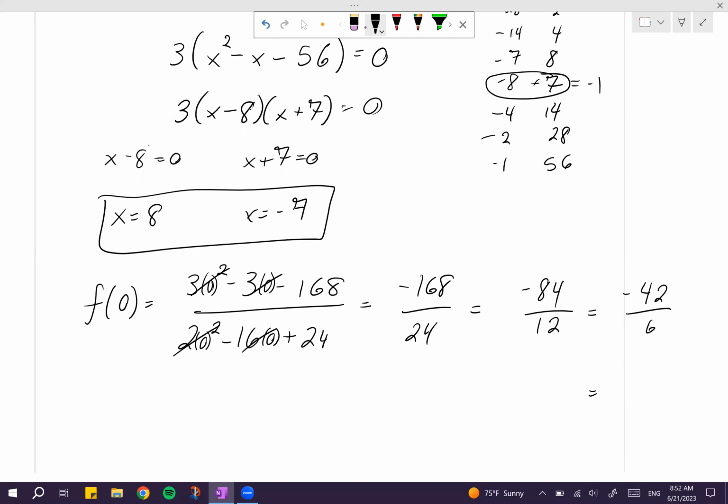I'm just reducing it at this point, which is negative 21 divided by 3, which is negative 7. So my y-intercept is whenever y equals negative 7.